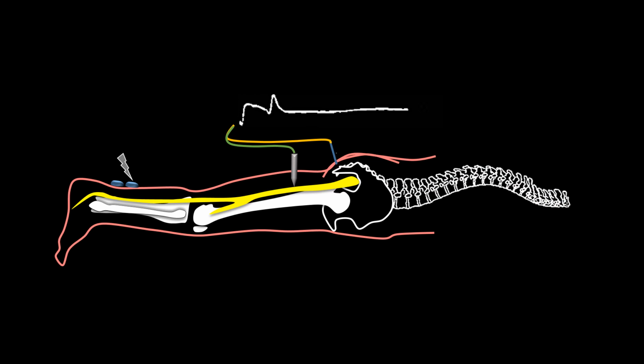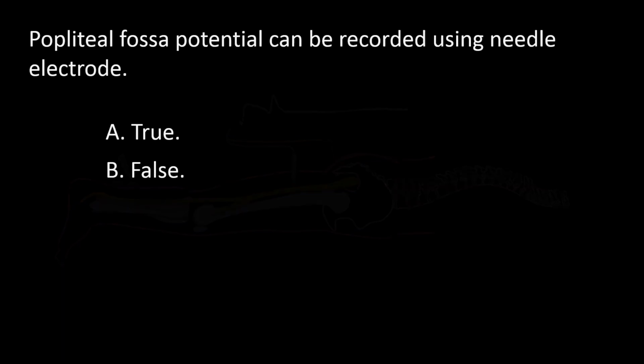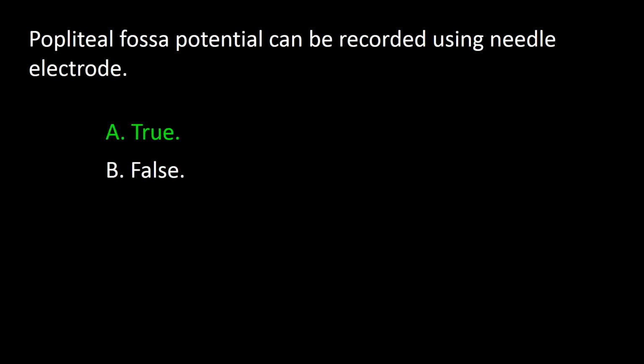The proximity of the referential electrode to the searching electrode decreases the amount of artifact. So the answer to this question is A.